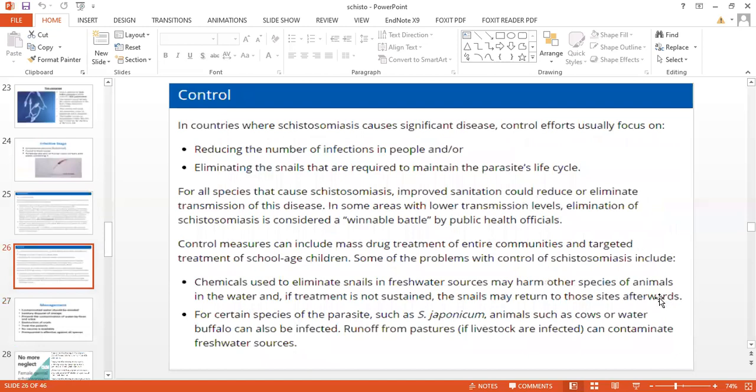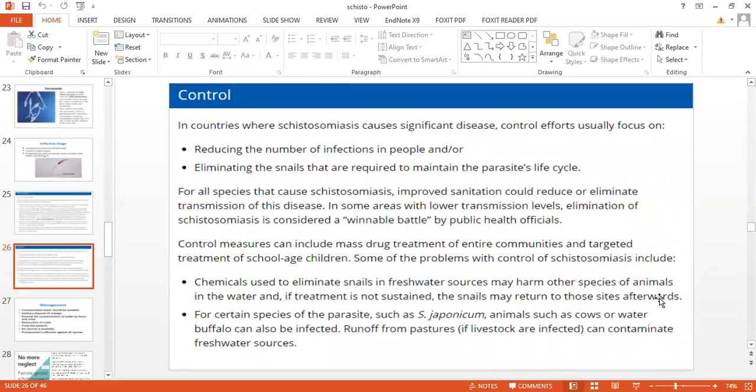Here are some control measures which we can adopt, depending upon reducing the number of infections in people and eliminating the snails, which are the intermediate host. Snails are required to maintain the parasite life cycle, so eliminating those snails is the other method to control it.